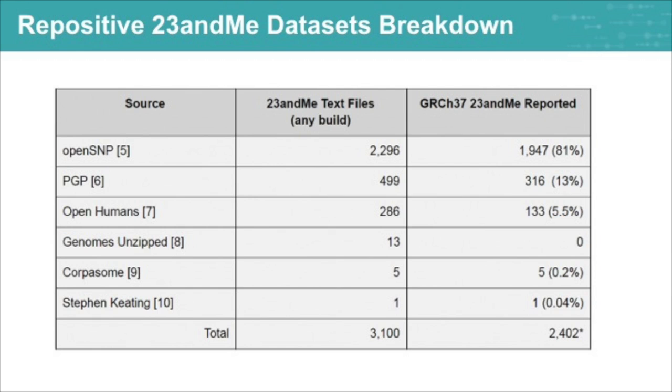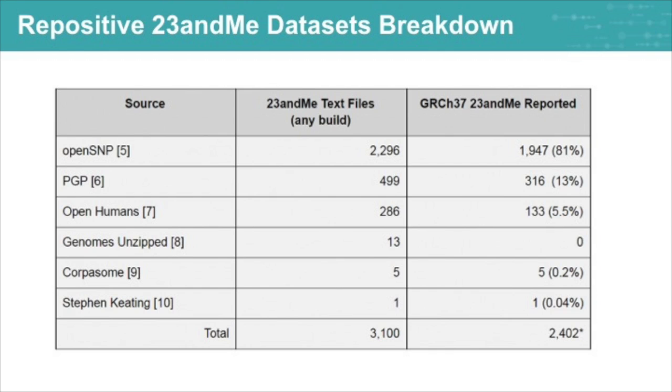So we curated all of those data sets that were mapped to the reference genome GRCh37 and that were not duplicated, and we ended up with a curated set of 2,402 genotypes.